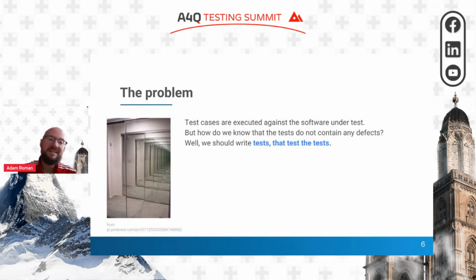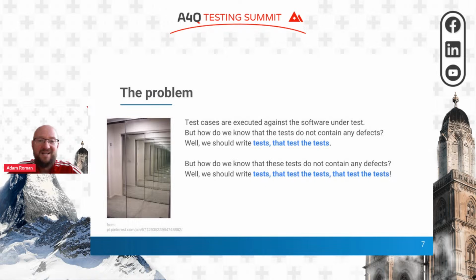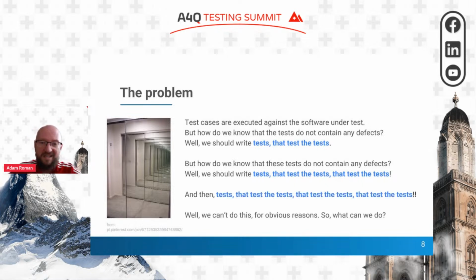But now the problem occurs again, because these tests can also contain defects, so we should test these tests too. The next natural step would be to write tests that test the tests that test the tests, and ad infinitum, tests that test the tests that test the tests, and so on.